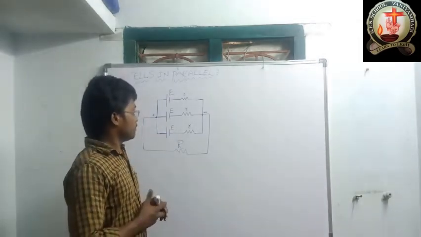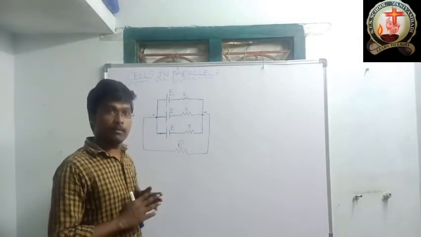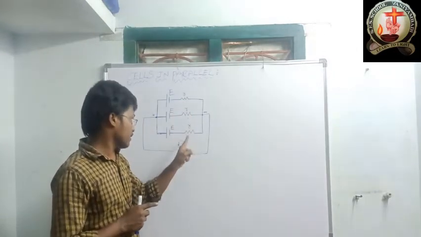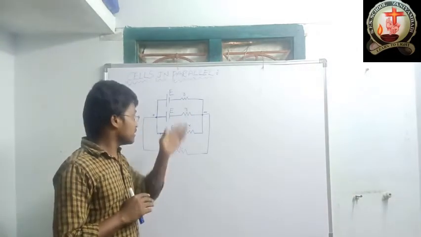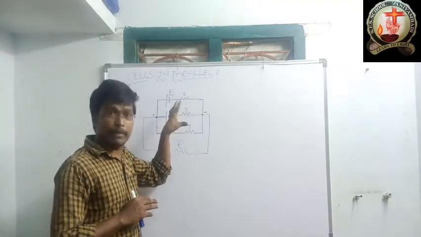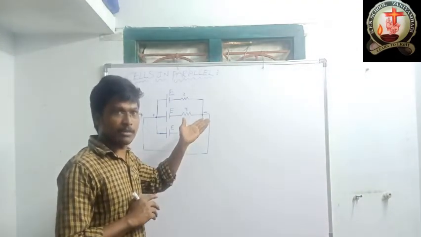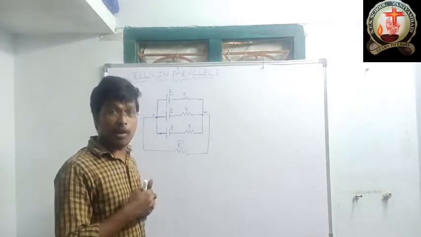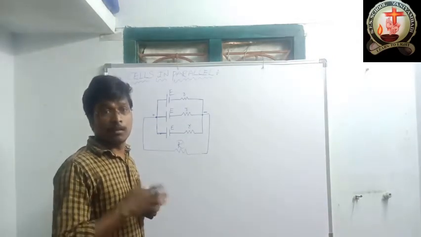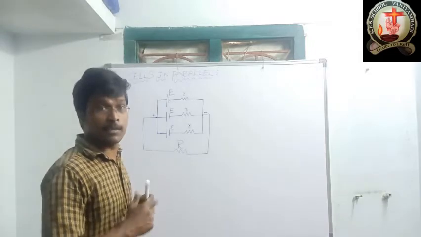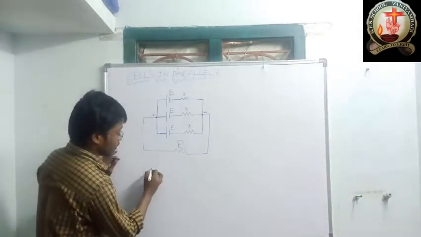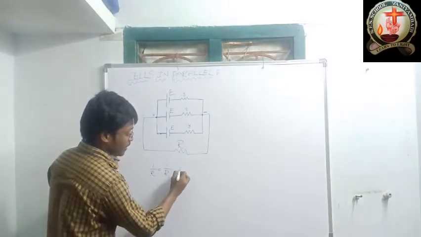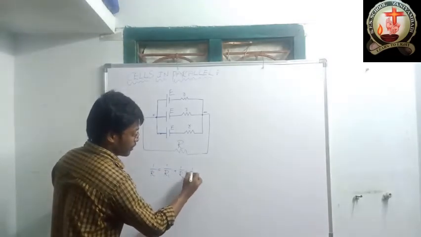Now in this diagram, how many resistors are there? 3 resistors: first one, second one and third one. And how are these resistors arranged? In parallel format, correct. We already know that when resistors are in parallel, the expression is 1 by R equals 1 by R1 plus 1 by R2 plus 1 by R3.